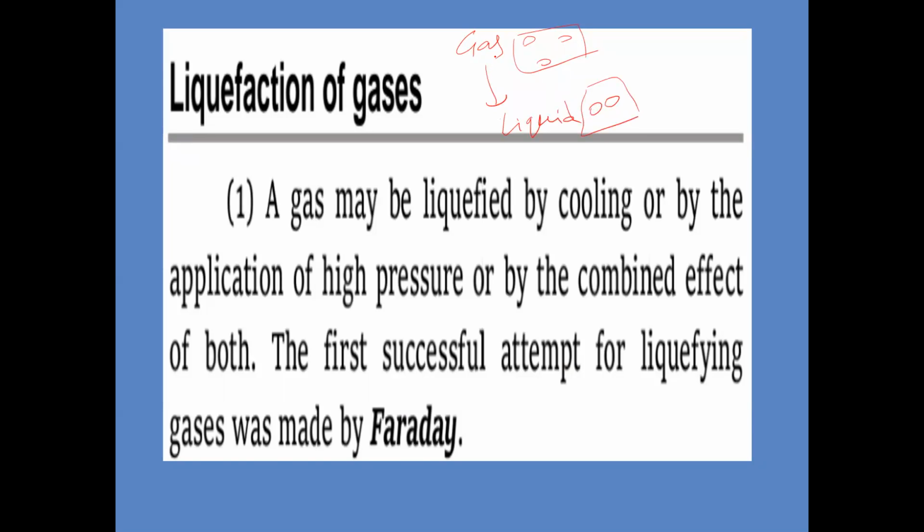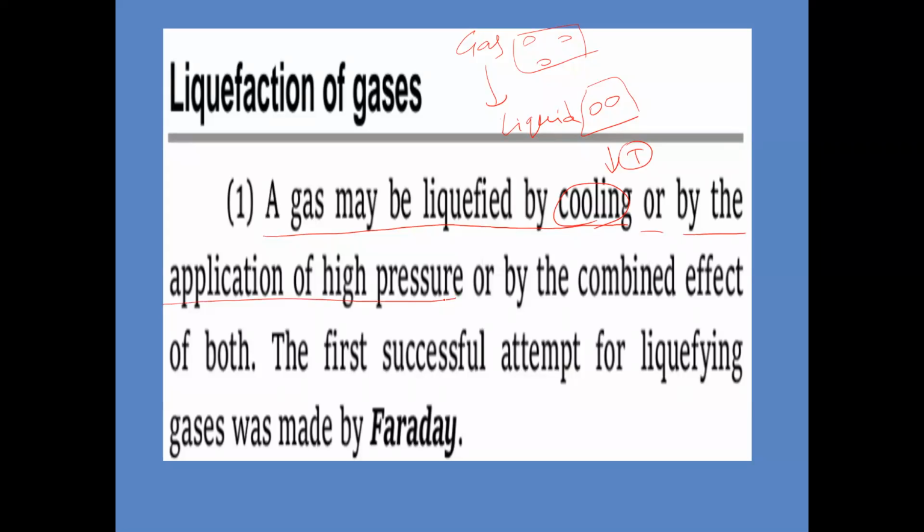If you want to convert the gas into liquid, what do we have to do? The first thing is that we have to cool. A gas may be liquefied by cooling first. Cooling means we are decreasing the temperature of the gas. A gas may be liquefied by cooling or by the application of high pressure.